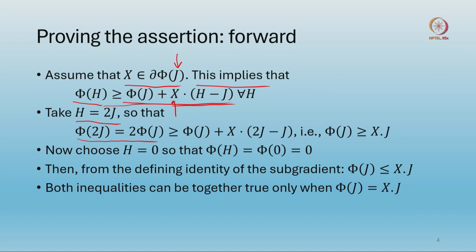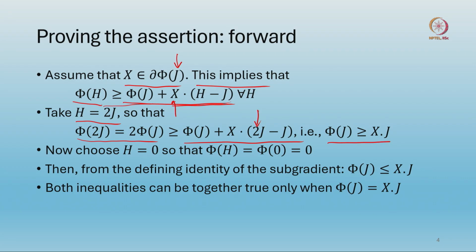So, that must be greater than or equal to phi j plus this, where h has been replaced by 2j. Now, 2j minus j is just j. So, this means that phi j must be greater than or equal to x inner product j.